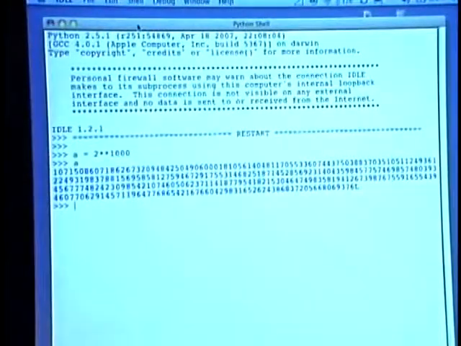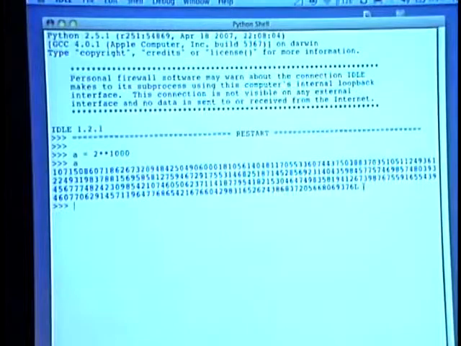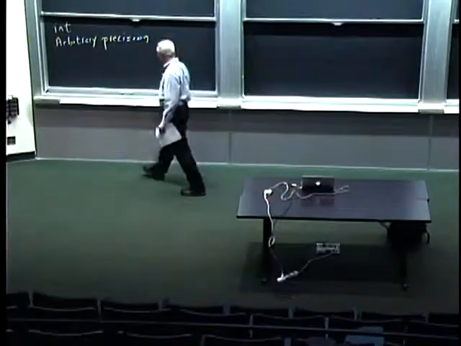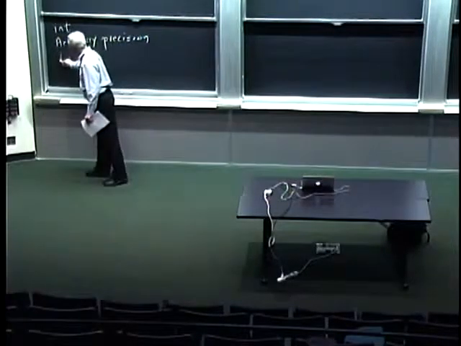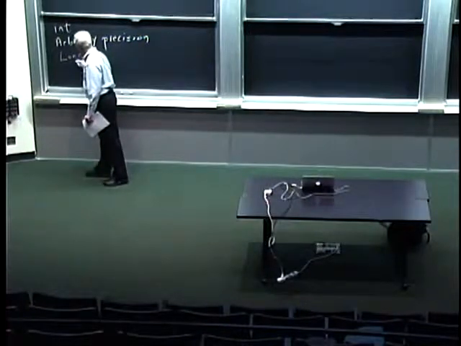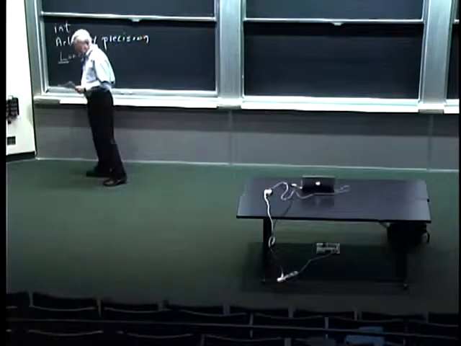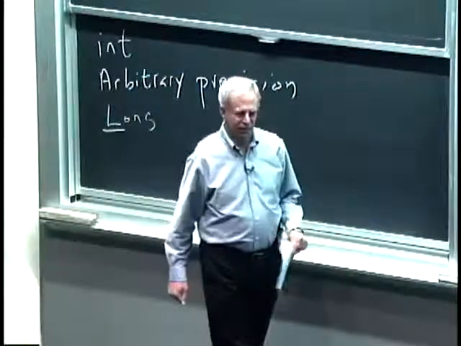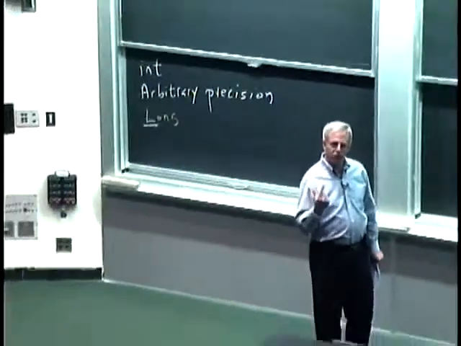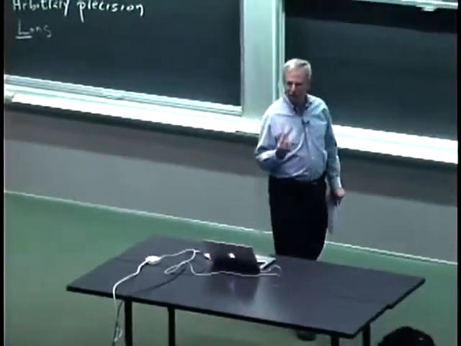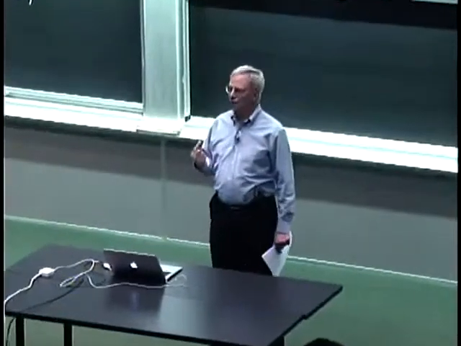I'm not going to ask you whether you believe this is the right answer. Trust me. Trust Python. I would like you to notice at the very end of this is the letter L. What does that mean? It means long. That's telling us that it's representing this particular integer in what it calls its internal long format.